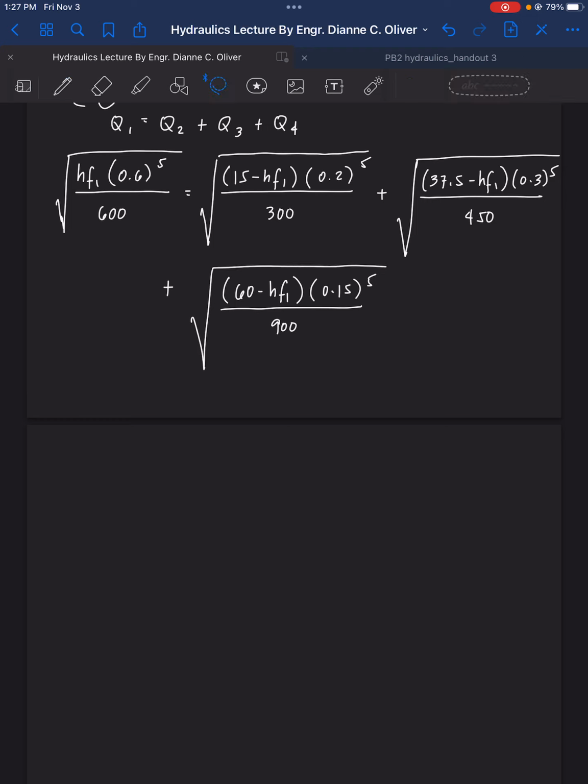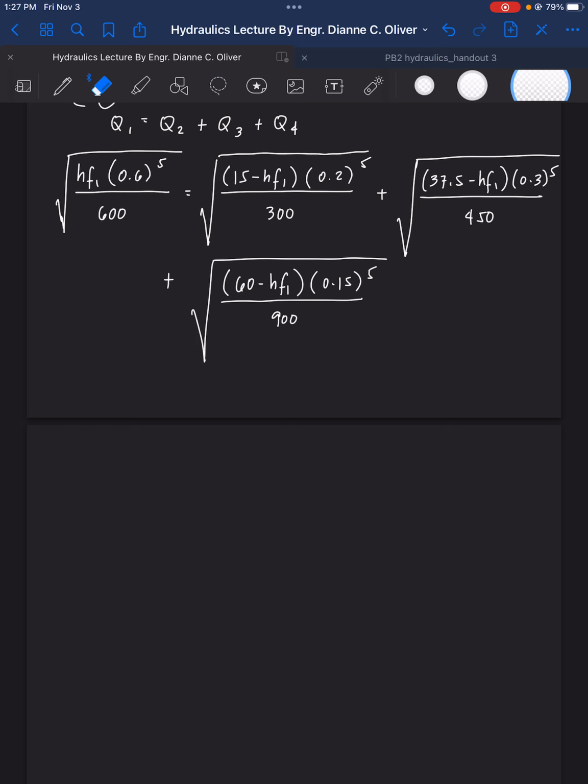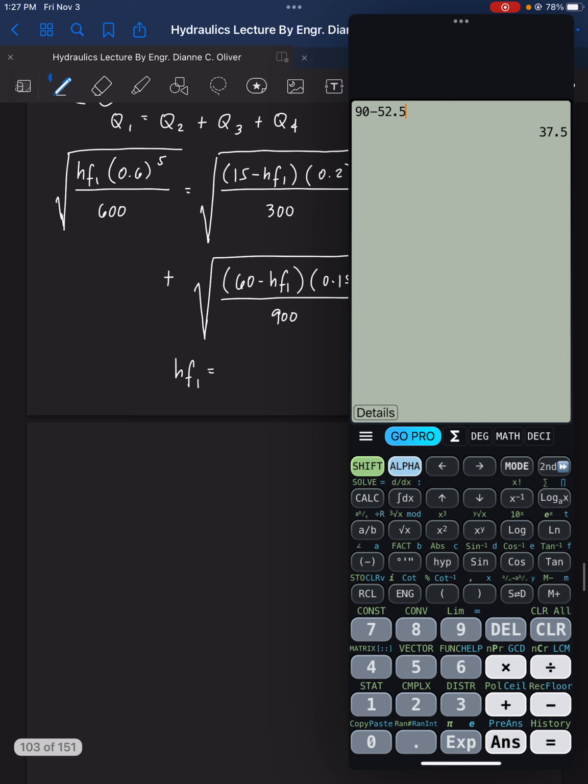So we can solve this using the shift solve function of our calculator to get the value for HF1.